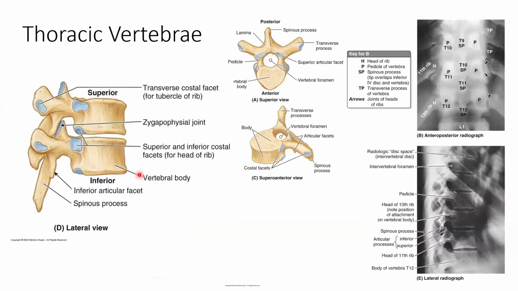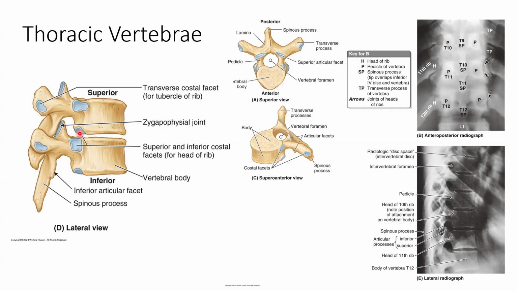Okay, so moving on to thoracic vertebrae. Thoracic vertebrae, I mentioned the most characteristic distinguishing feature here is the costal facets for the ribs. There are 4 vertebral body facets, so 2 on each side. We have 1, 2 here, superior, inferior on the right side, and then on the left side.